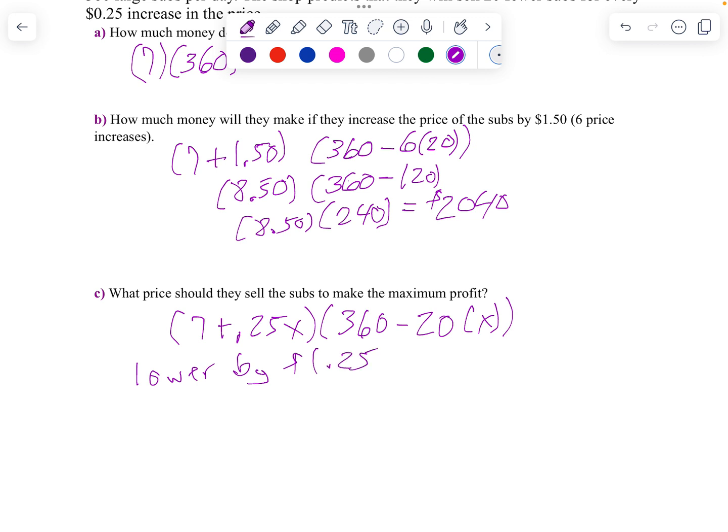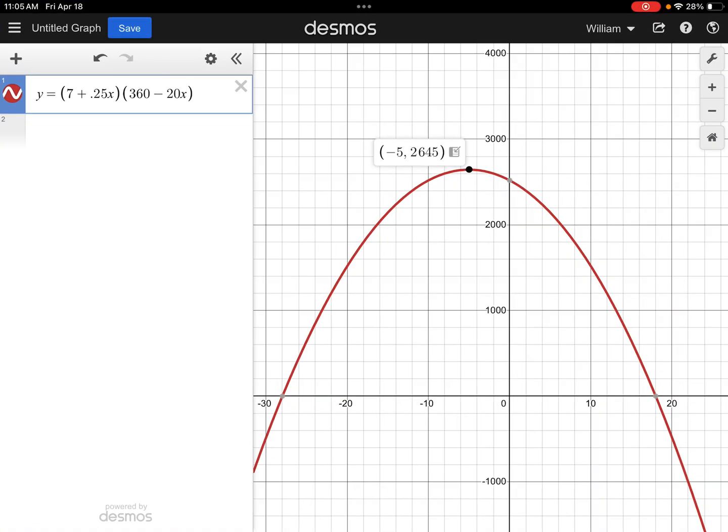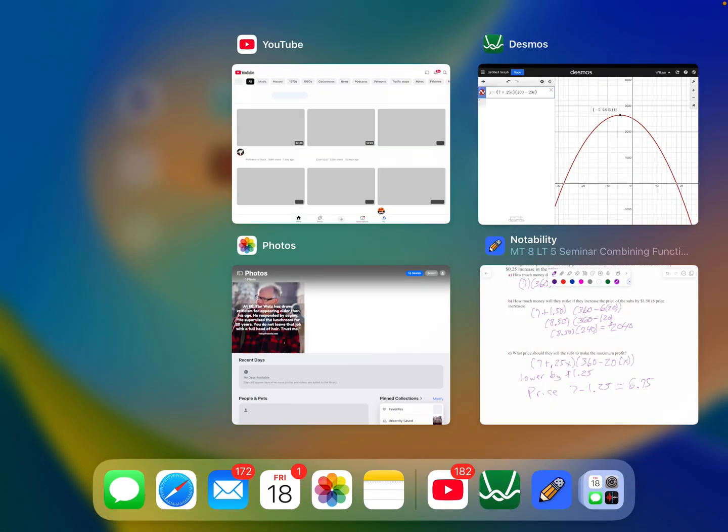In other words, subs should sell for 7 minus 1.25, or $5.75. Because if they sell for $5.75 each, they'll be making $2,645.